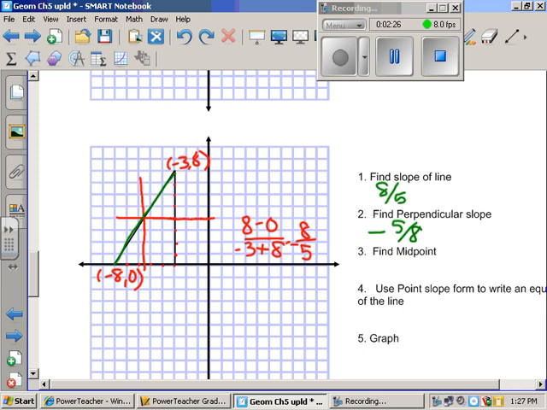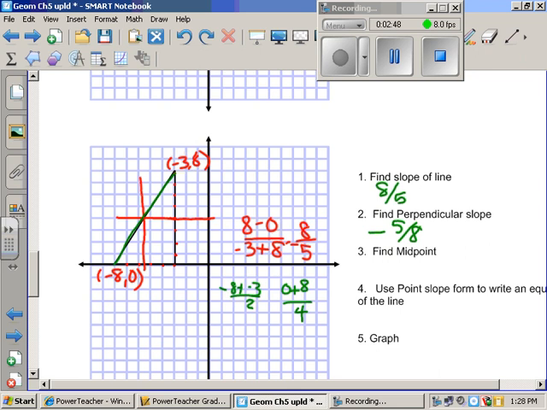So now I know the slant of the line. Now I just have to find out where the midpoint is so I can do the bisector part. To find the midpoint, I do x2 plus x1, so negative 8 plus negative 3 over 2, and then 0 plus 8 over 2.